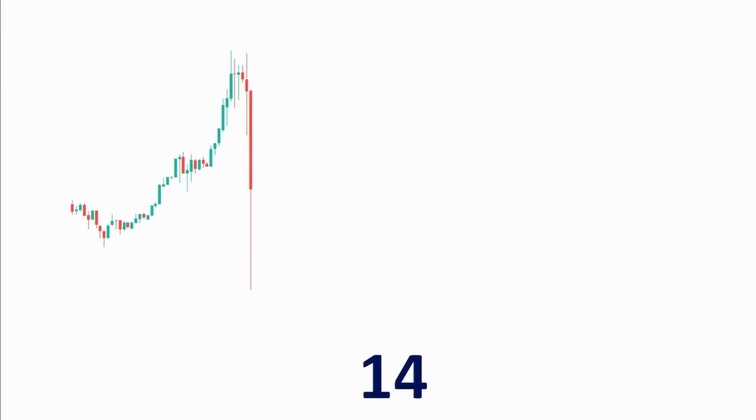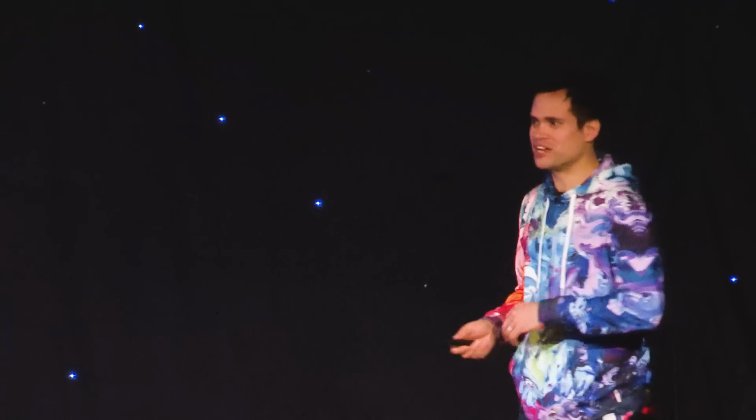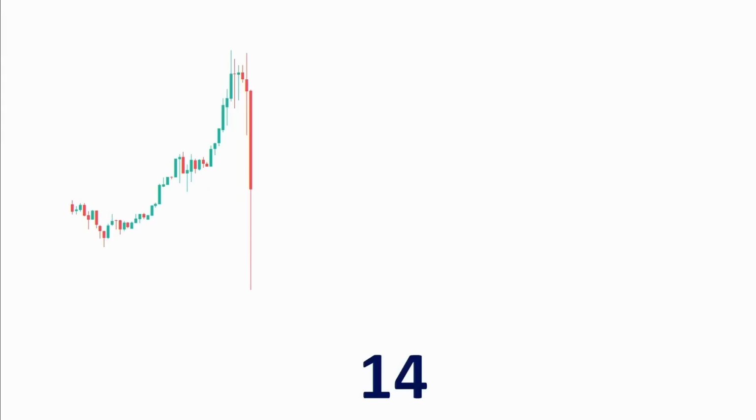But whenever you have a devastation candle like this, you'll nearly always see another bite at the cherry. And I've made a lot of money banking on another bite of the cherry. This low is, I would say, 85 to 90% taken out. I can't say always, but 85 to 90% probability of being taken out.